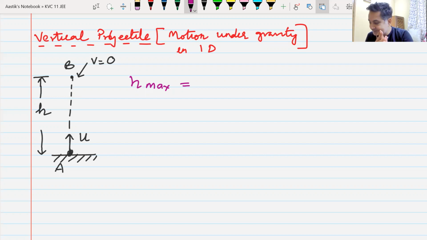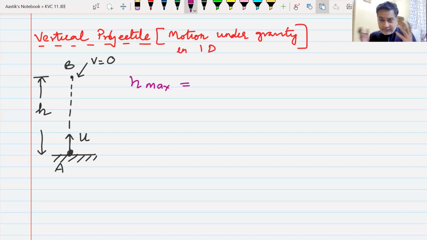Tell me, this H max or H, anyone remembers? V naught square by G. V naught? I don't see any V naught here. V naught square sine square theta by 2G.